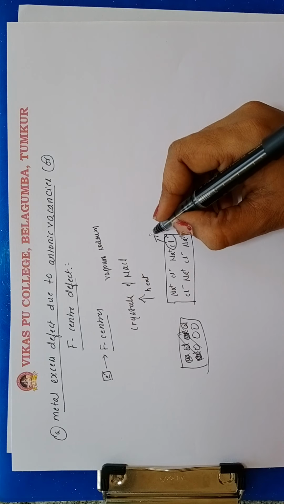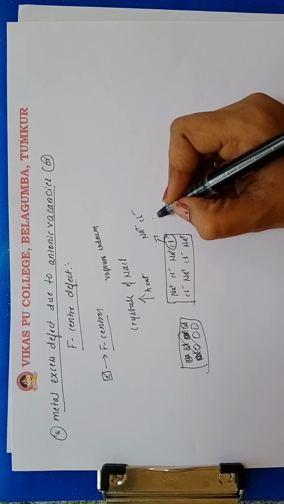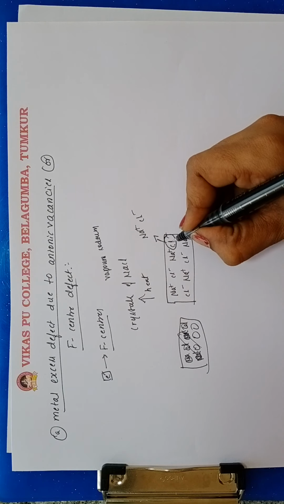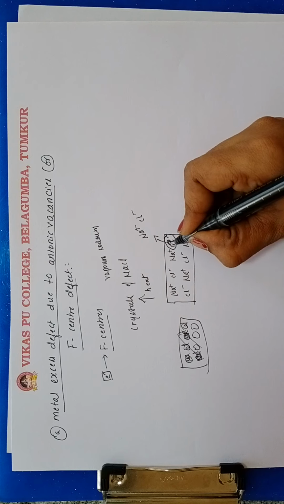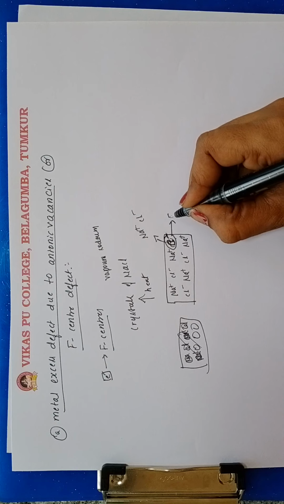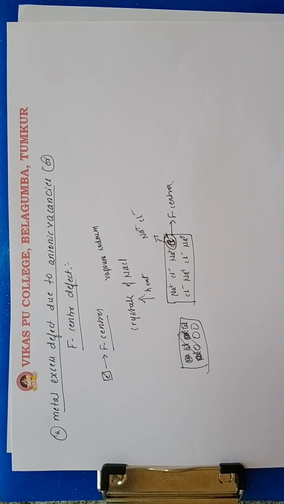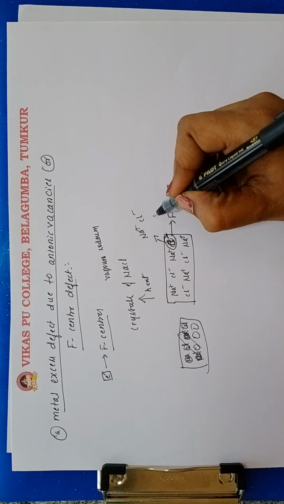The resulting Cl atom and Na atom at the surface combine to form Na plus Cl minus ions, and the vacancy is occupied by the electron. This we call an F center, that is, the lattice point contains an unpaired electron instead of Cl minus. Such a lattice point is called an F center, due to the ability of this electron to absorb visible light.